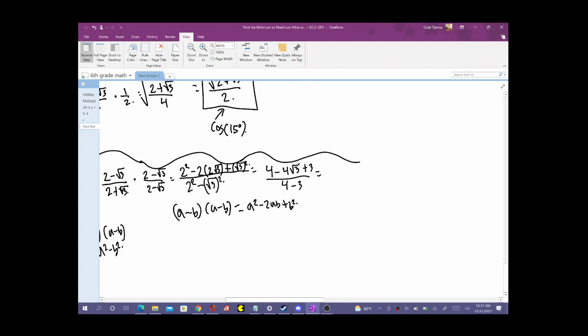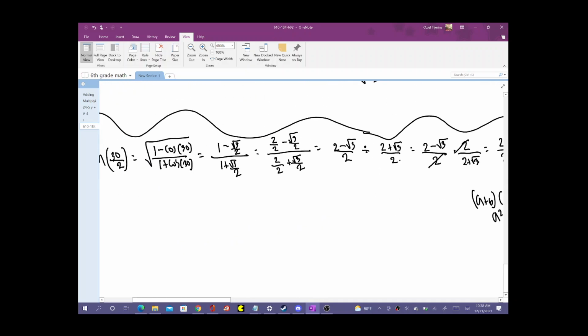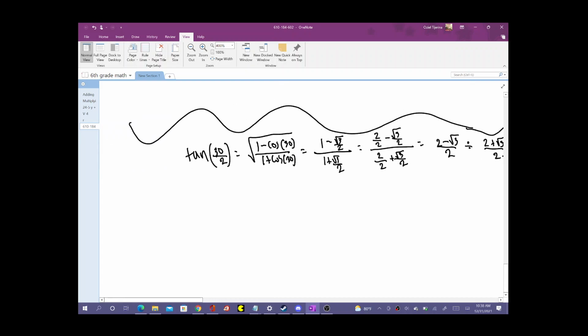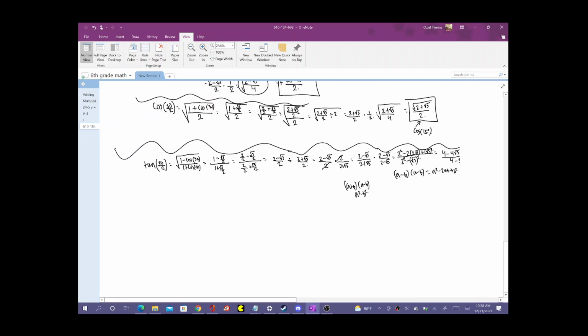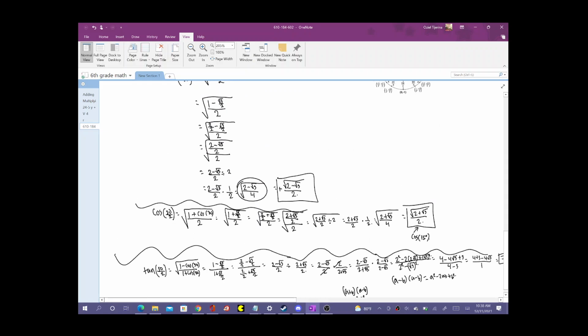This becomes 4 plus 3, so 7, minus 4 square root 3 over 1. This becomes 7 minus 4 square root 3. And this would be the tangent of 30 over 2, or tangent of 15, right, guys?